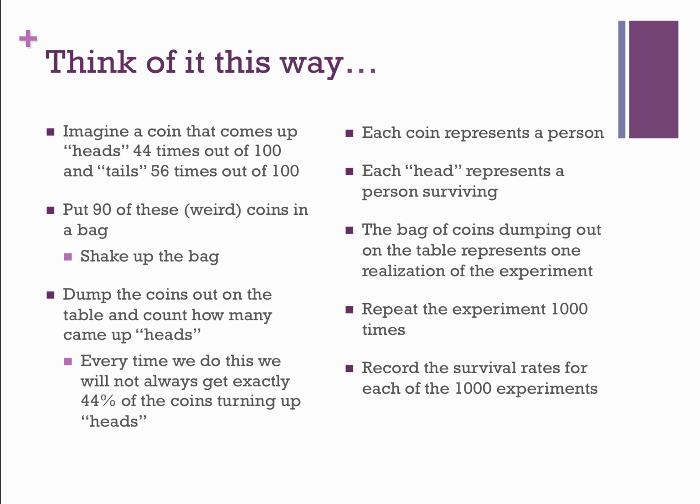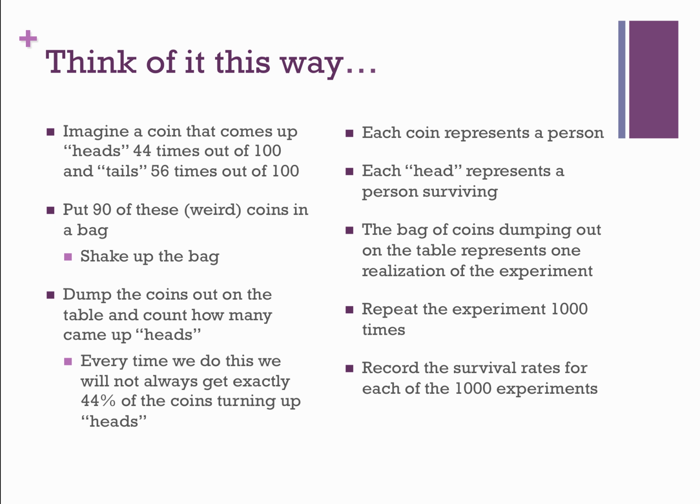But given the way the bag has been shaken and the coins have fallen, we may not always get exactly 44 of 100 showing heads. If each coin represents a person and each head represents the person surviving, the bag of coins dumping out on the table represents one performance of our experiment, one realization of that proportion of survival. Then do that 1,000 more times and record the survival rate for each of the 1,000 experiments.